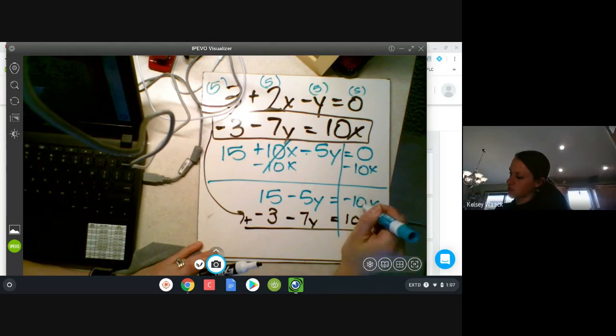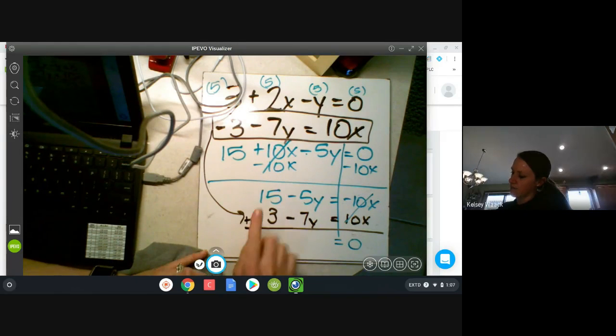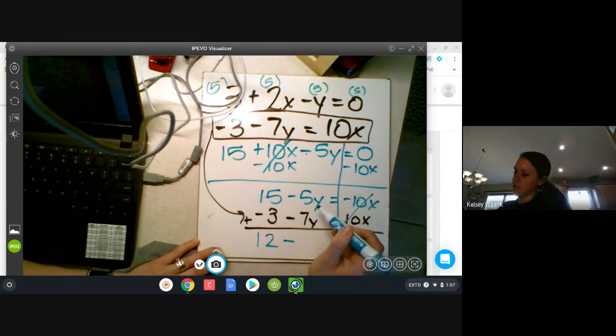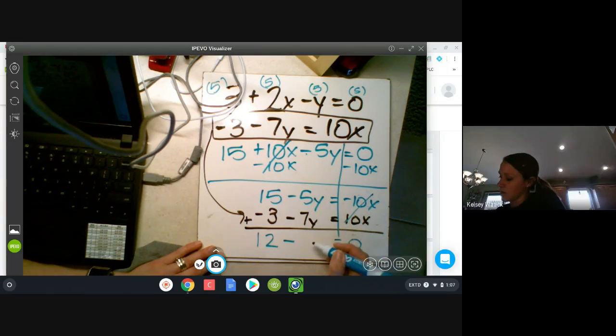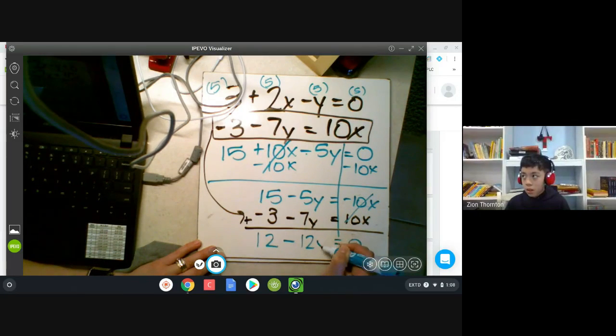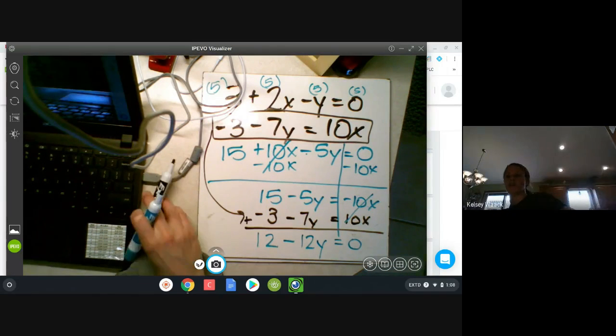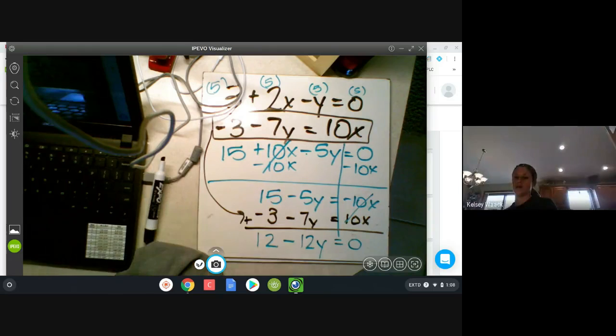That essentially gives me a 0 here, right? And then I have 15 and -3, which is 12. And then this is 5 negatives and 7 negatives, which is 12 negatives. Then we need to isolate a variable. So I have 12 minus 12y.